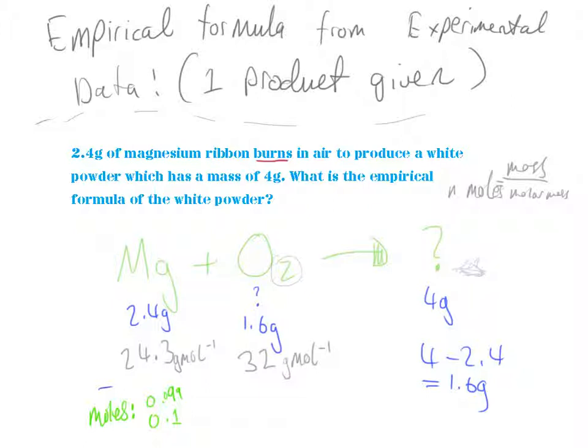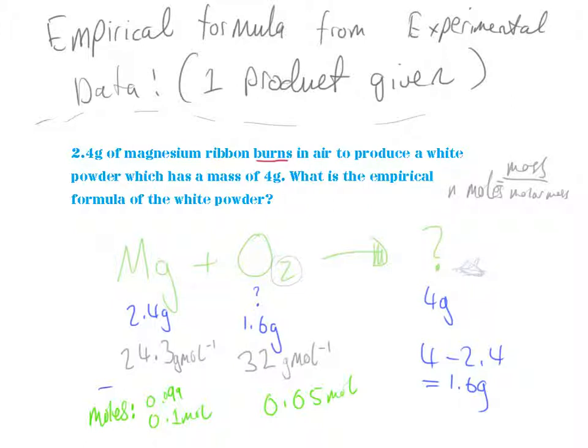And for oxygen, if I do 1.6 divided by 32, I get 1/20, which is 0.05. So I've got 0.05 moles of oxygen molecules and 0.1 moles of magnesium.